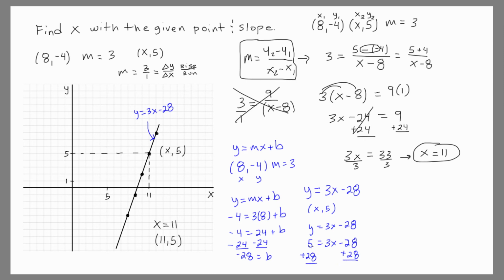So 28 plus 5 is going to give me 33 equals 3x. And then I'm going to divide by 3, and we get x is equal to 11. And there's the answer again, right? Now, most likely they're going to want it in the pair 11, 5, right? But you get the idea.